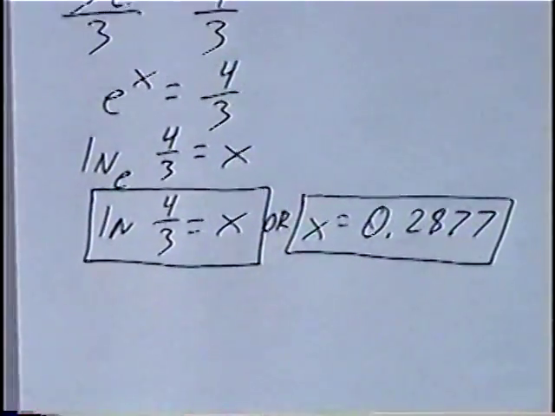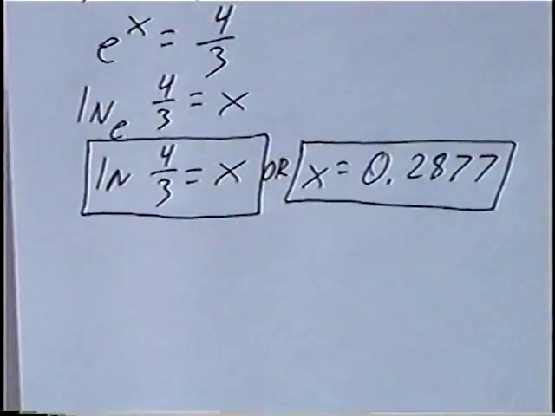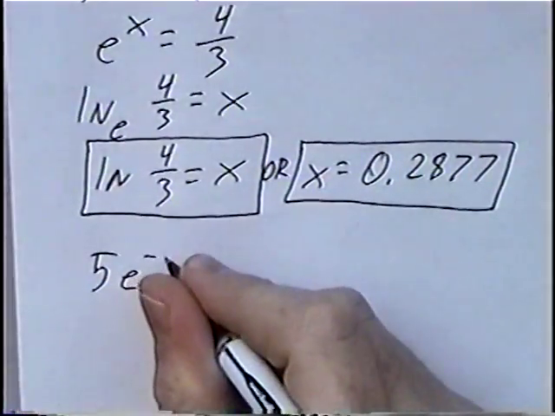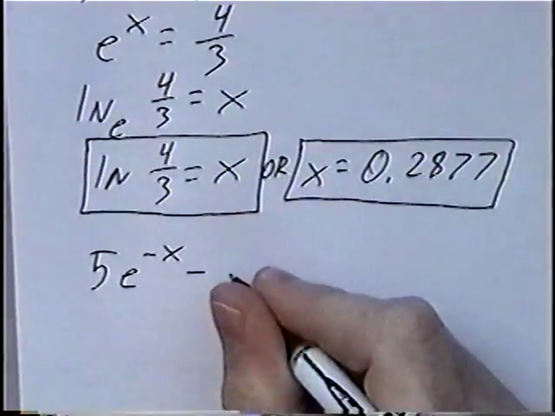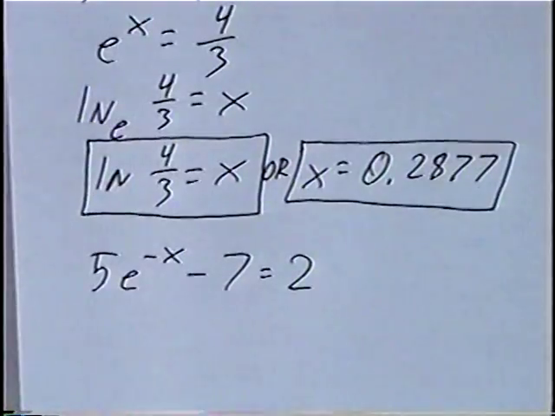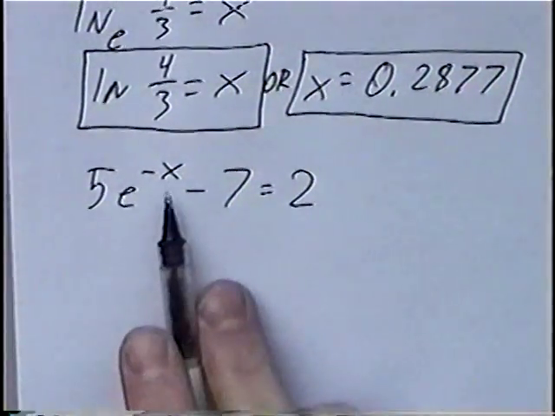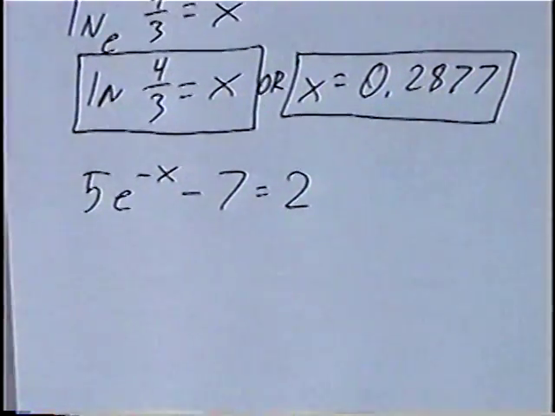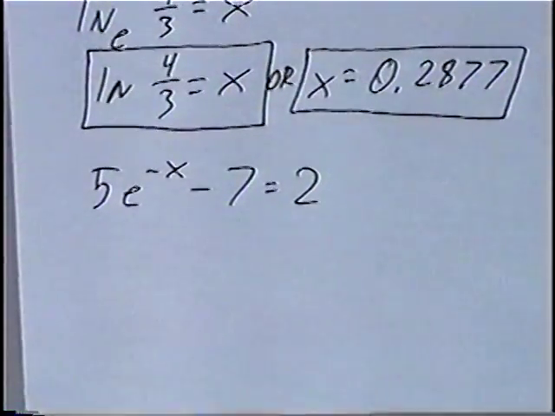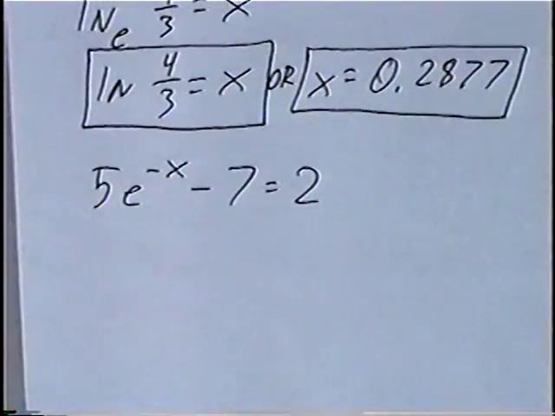Second question and last question for the section. The equation is 5 e to the negative x power minus 7 equals 2. Again, solving this, we want to isolate x to find out the value of x, which will include a natural logarithm since we have the letter e in the equation.